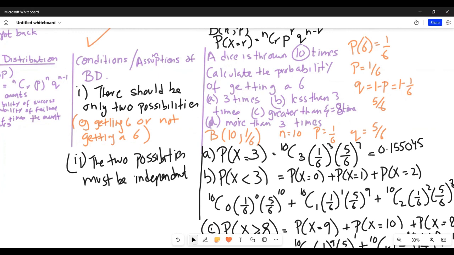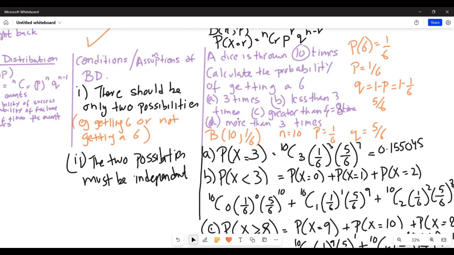Anyway, the 2 outcomes must be independent. So when you throw a die, every outcome is independent. If 1 came first, 1 may or may not come again. So every next outcome is independent of the previous outcome. So yes, it is true. These two outcomes mentioned in the question, getting a 6 or not getting a 6, are completely independent of each other. It's not that once a 6 has come, a 6 cannot come the next time. So the outcomes are independent.